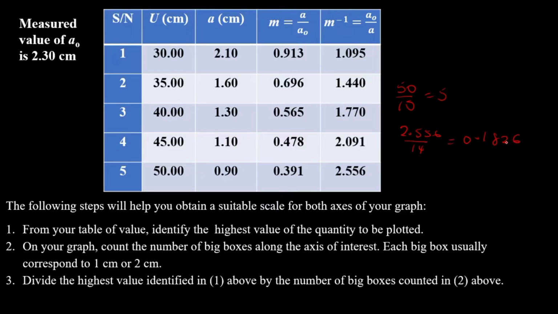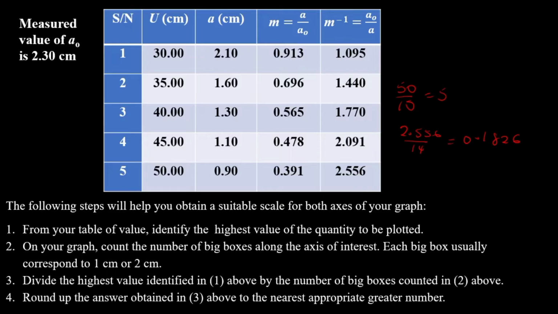But we cannot use this value as a scale. What do we do? That's where the fourth step comes in. It says round up the answer to the nearest appropriate greater number. If I'm to round this up, I would round it up to 0.2. Alright, and as such, along the vertical axis, each big box, which is 2 centimeters, would correspond to 0.2 units.